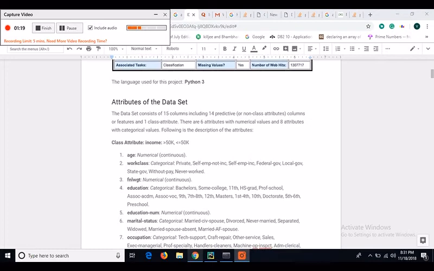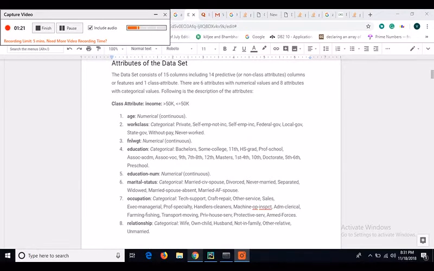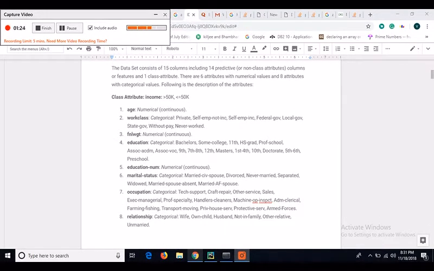Let's take a quick look at the attributes of the dataset. The attributes consist of age, which is a numerical attribute, work class, which may be private, self-employed, and various other labels, FNLWGT, which is a final weight, actually the sampling weight from which the sample has been taken from the entire population.